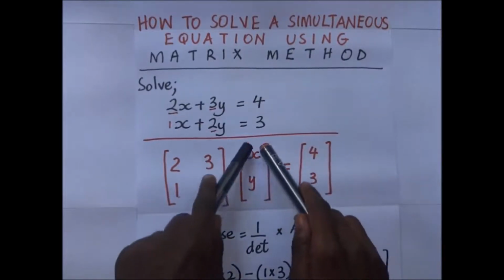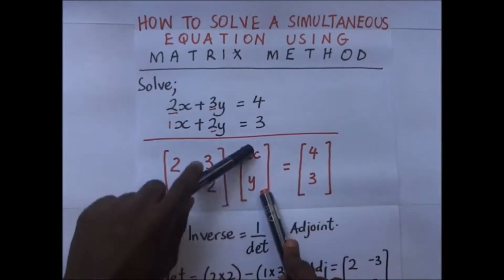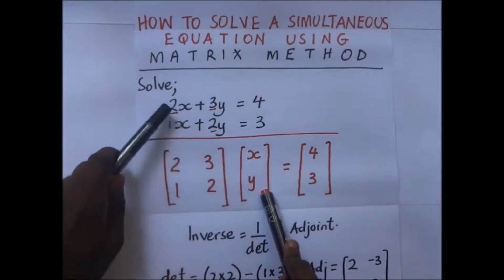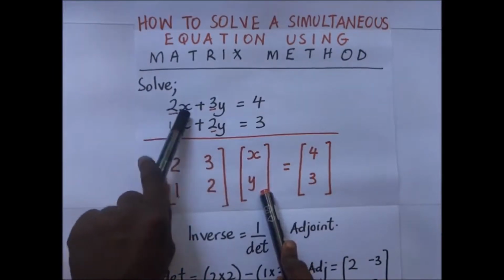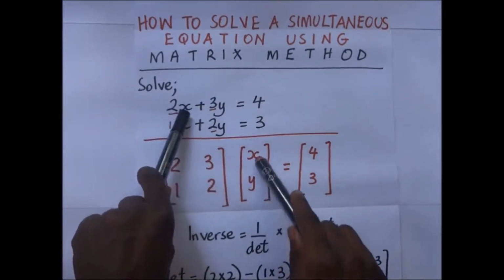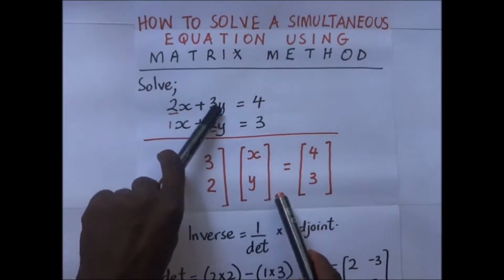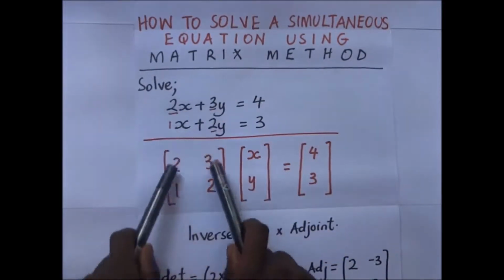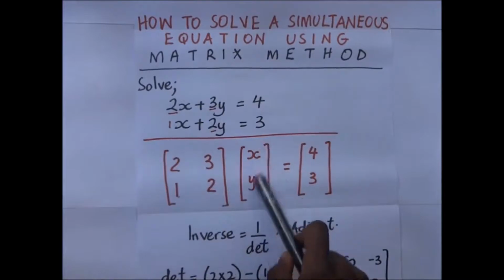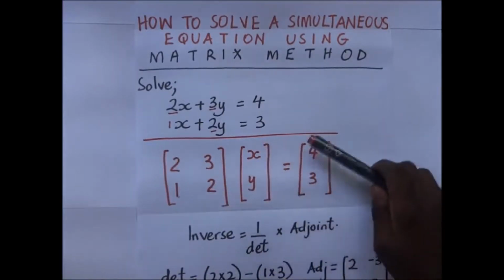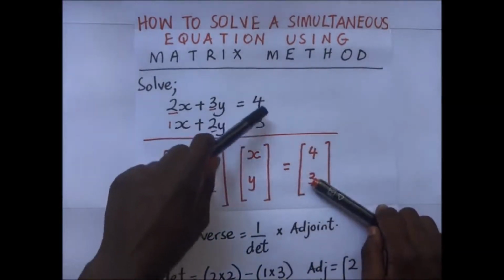The order of this matrix, the way we present them, is dependent on which comes first here. Here it is x that comes first, so x comes first, then y next. So this matrix multiplied by x, y is supposed to give us 4, 3.